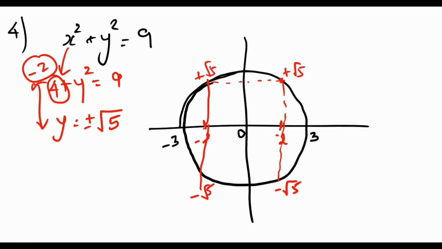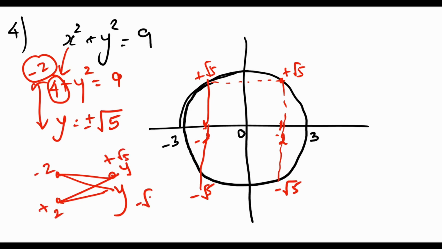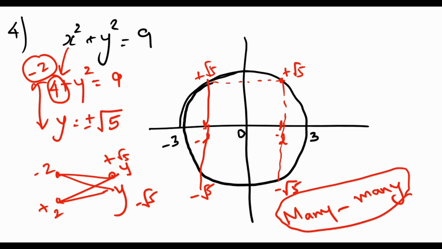So two x values giving the same two y values, which means two x values giving two different y values. So minus 2 and plus 2 giving me plus root 5 and minus root 5 both. So this is called, you should have guessed, many x values going to many y values. In this case it is 2 to 2, but in general the relation is called many to many relations.